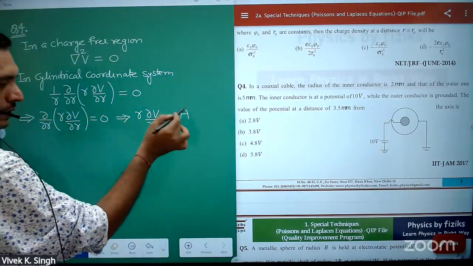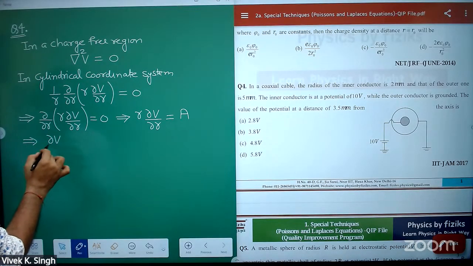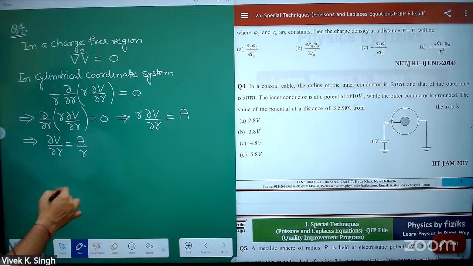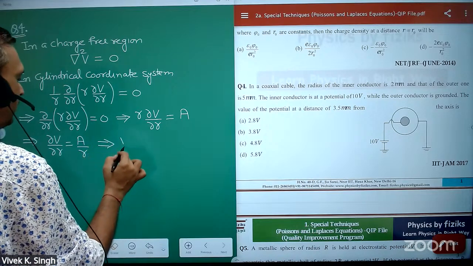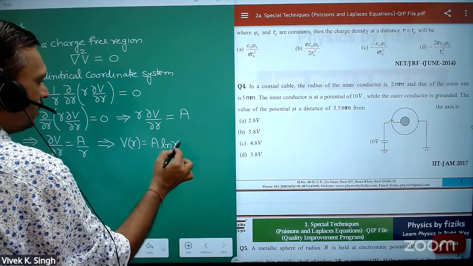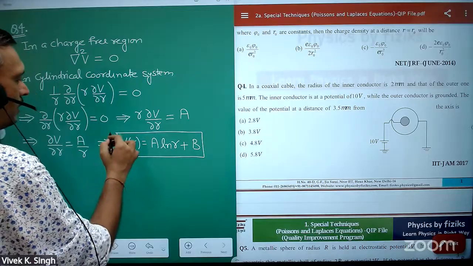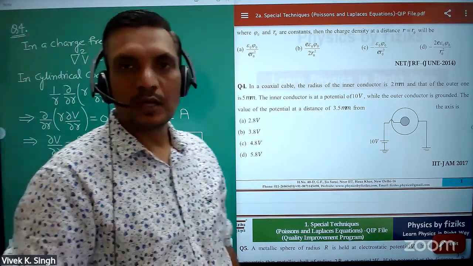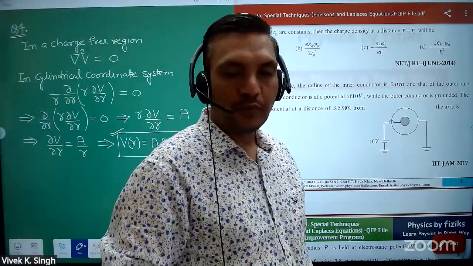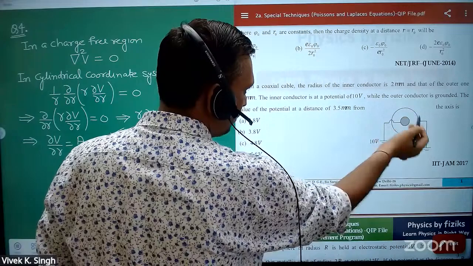Then you have del V by del R is A by R. If you further integrate it, V as a function of R will be A ln R plus some new constant B, because it's a second order equation. So you will get two constants A and B, and two boundary conditions are given: at R equal to 2 mm, 10 volt, and at R equal to 5 mm, 0 volt.